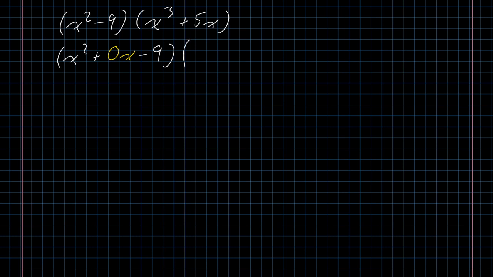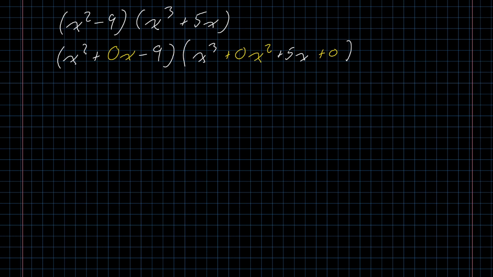And likewise, if I make this other one x cubed plus 0x squared plus 5x plus 0, then I haven't changed anything there either. But that makes sure that I'm not missing terms in the middle. And that's important because without those terms, my like terms would not line up. And it doesn't really make things that much harder.